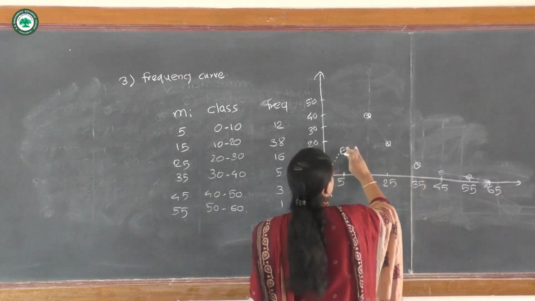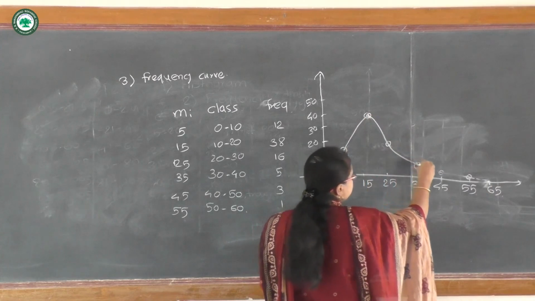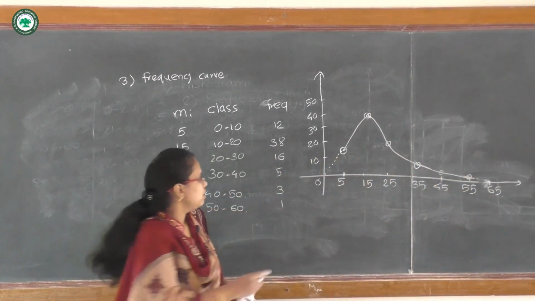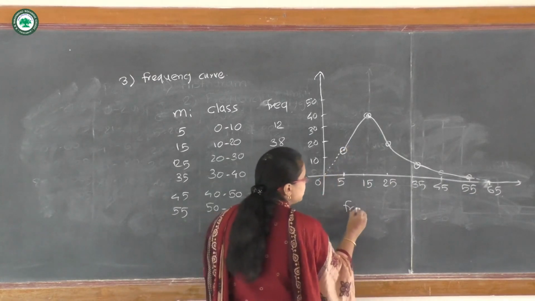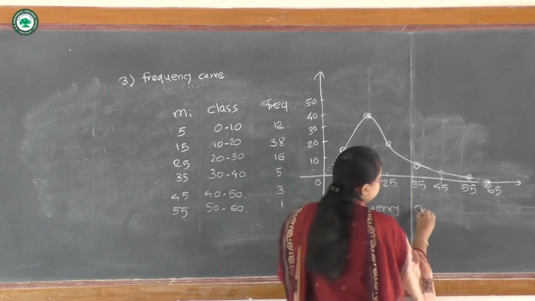So it will look like this. So now it is called a frequency curve.